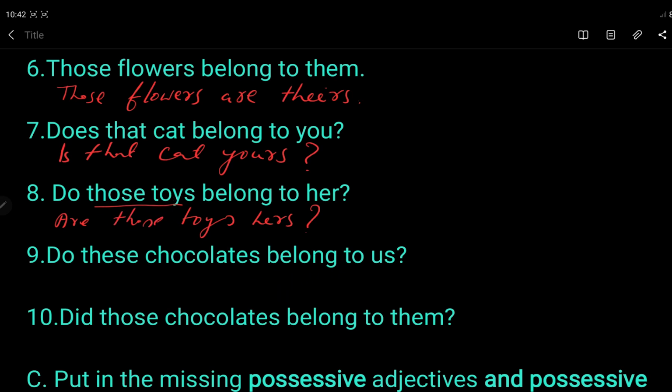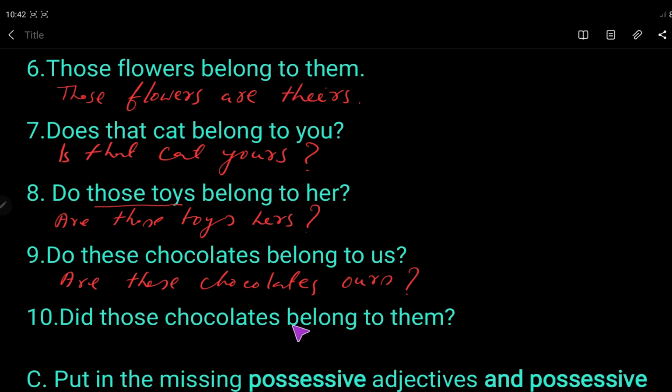Same thing. So we can write, are these chocolates ours? 10 number, this is the last one.